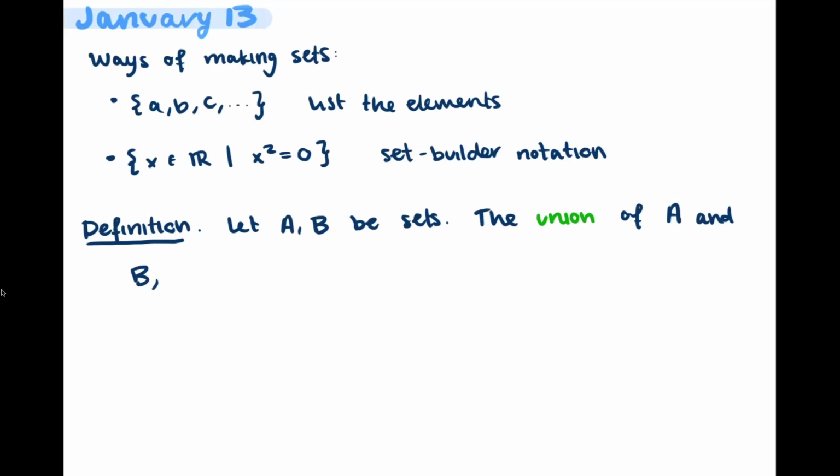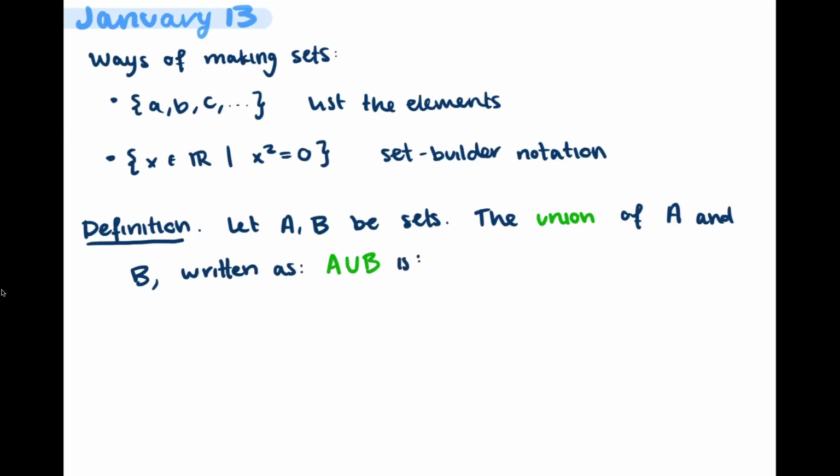So this is going to be a new set, and the way that you write it is A, and then a sort of U symbol in between them. So A union B is the following set.